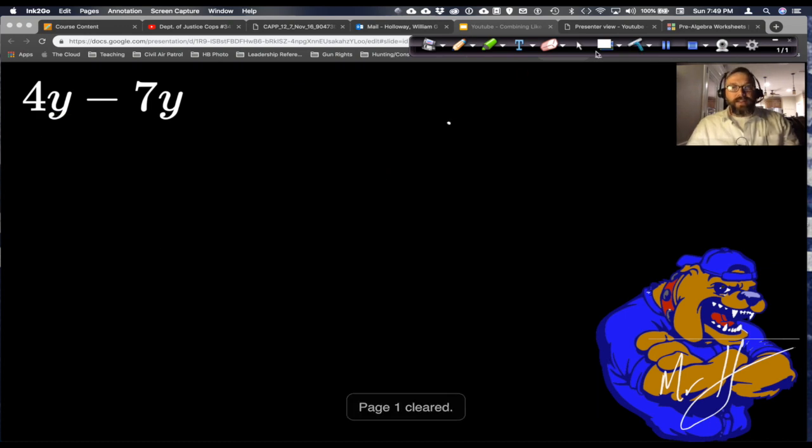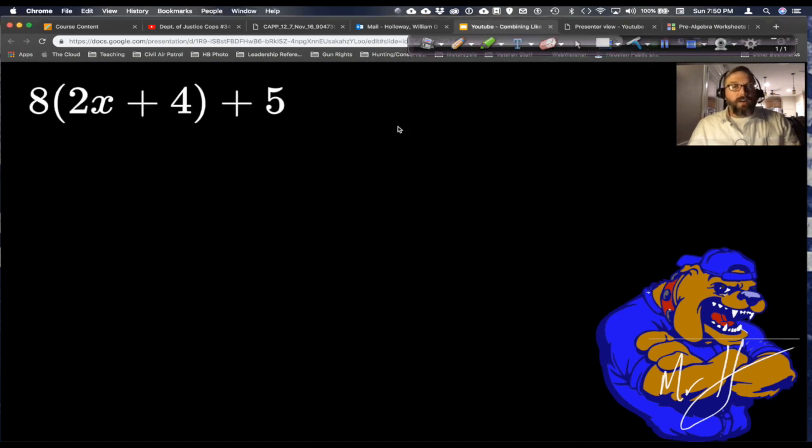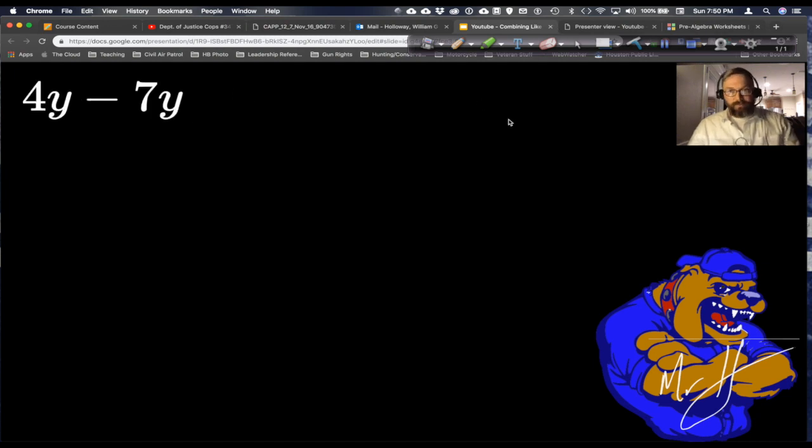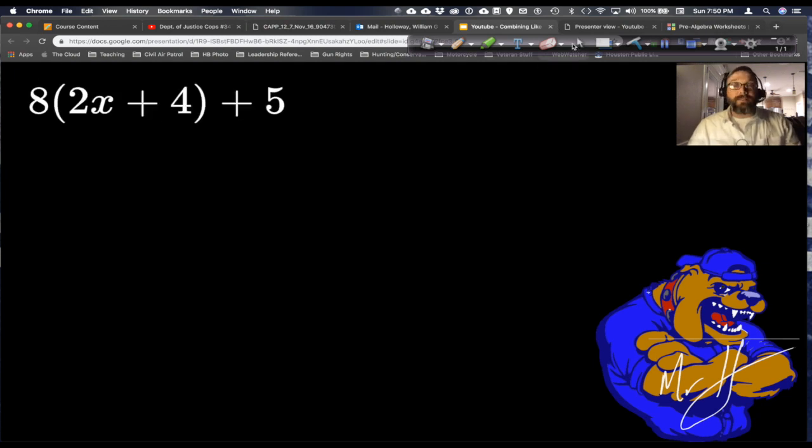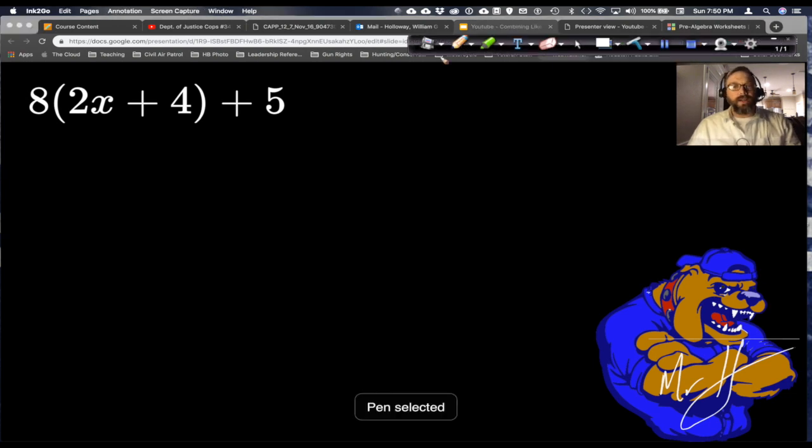So let's take a look at another problem here. Get the cursor up. There we go. All right, so this one's a little bit more difficult. We're going to have to do the distributive problem. Now remember, with the order of operations, we always have to do parentheses first. So we have parentheses here.